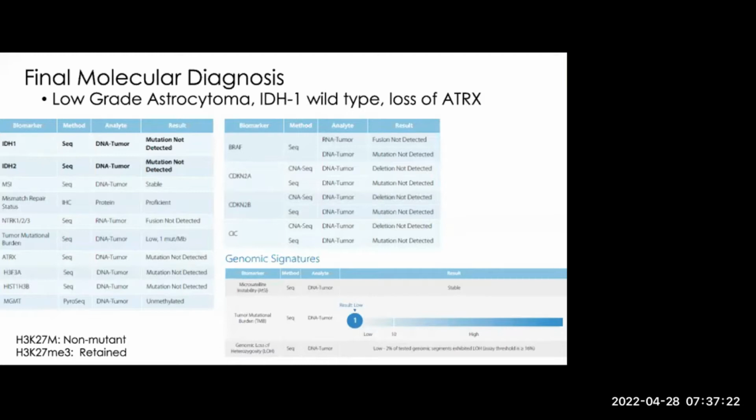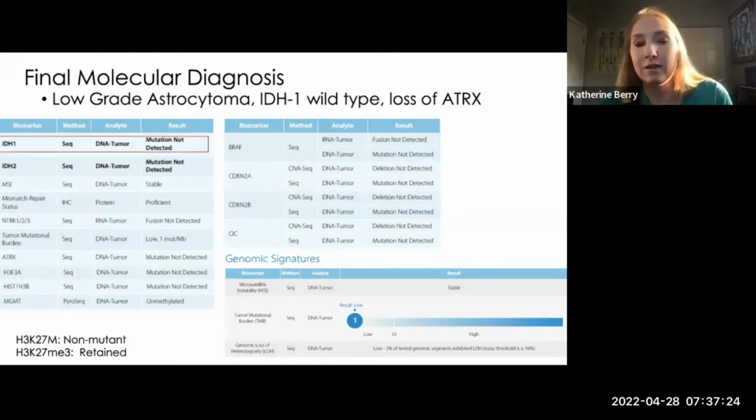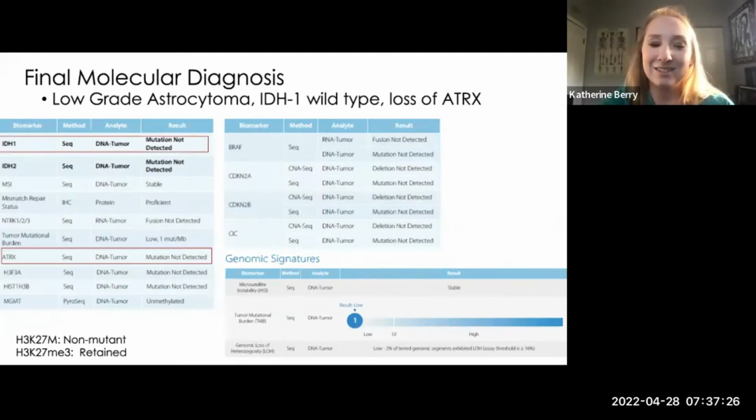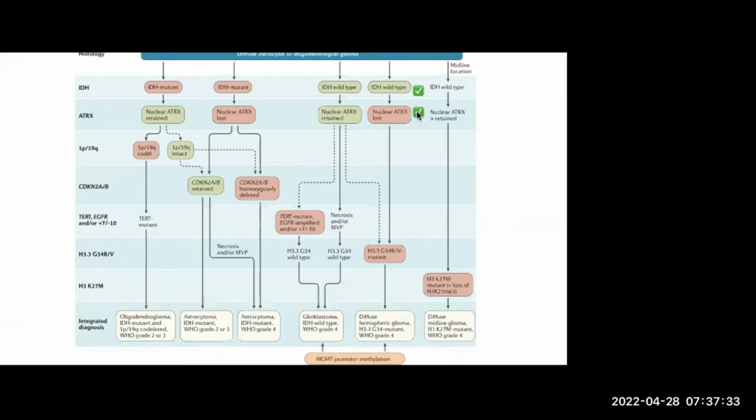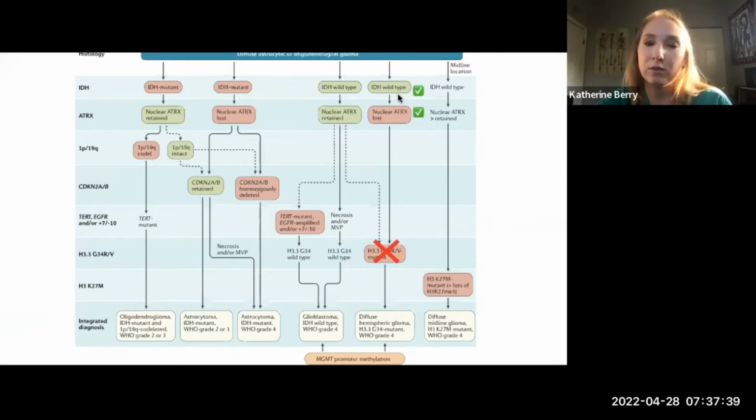So what do you think this is? Well, that's my question. I actually found this really nice diagram from Nature in 2020. So it fits this part, right? The IDH wild type, yes.